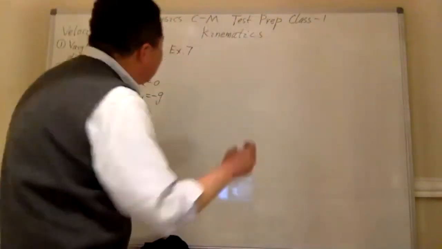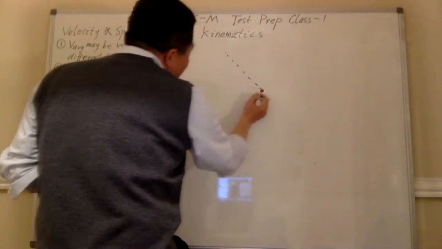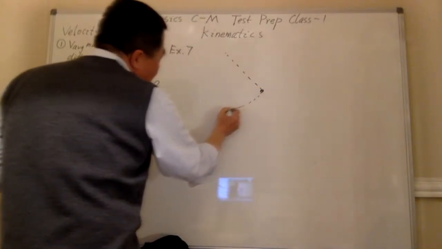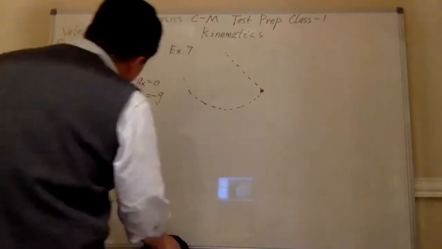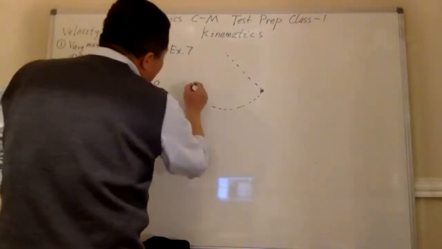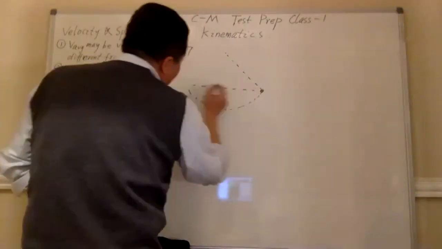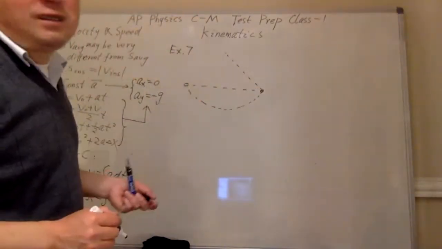In the AP test, they say I have a person here, and they make the swing. They will go back to the same height. Why? Conservation of energy.